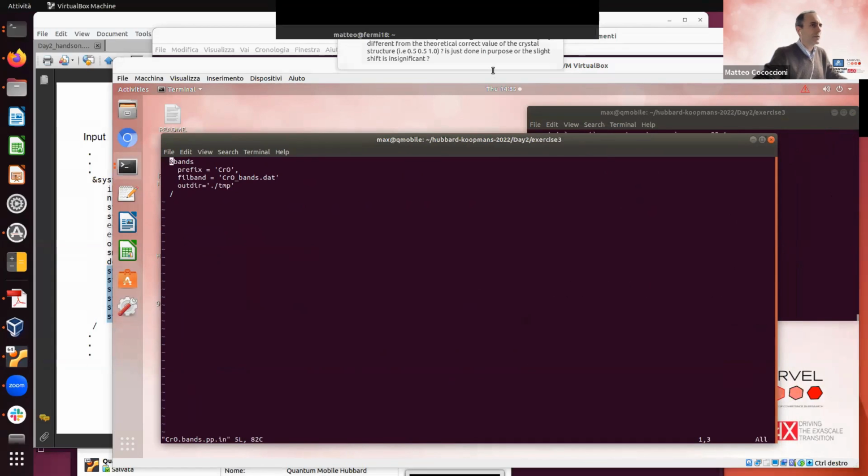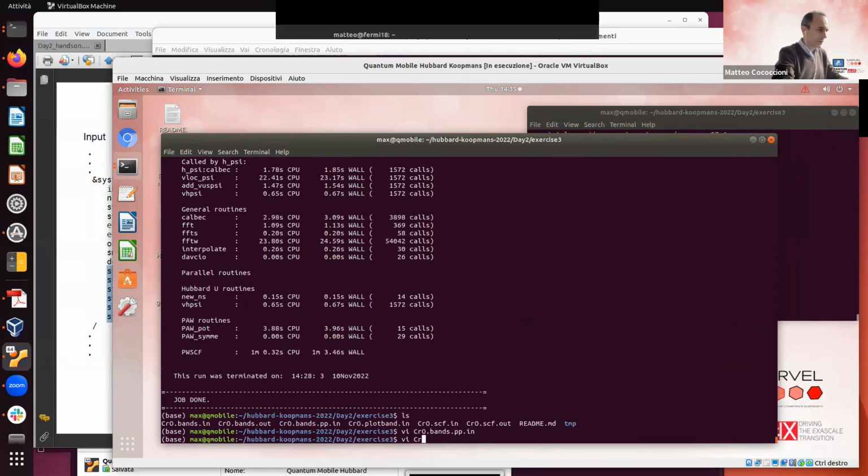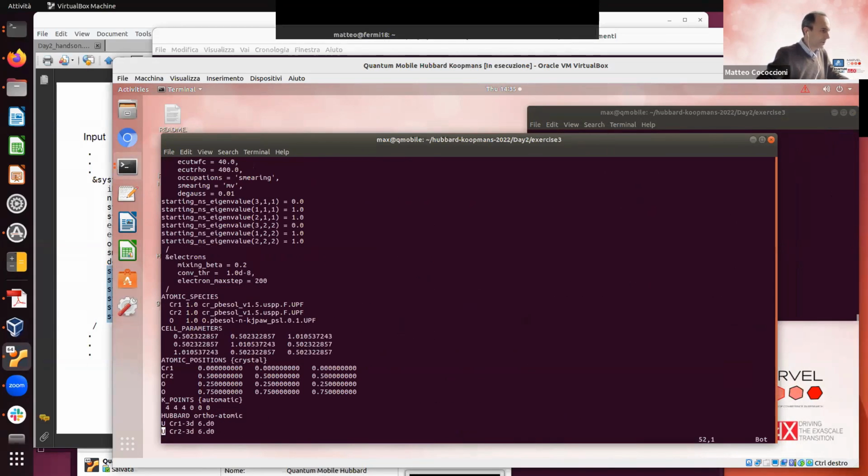Or did I make the same mistake as this morning? Maybe the cell parameters are still slightly different. I shouldn't have them different.